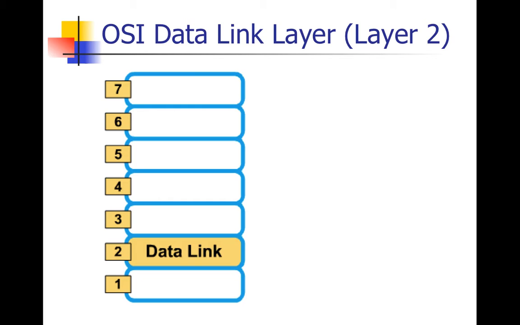Remember that data is not necessarily always going from physical to data link. You could be sending or receiving information, so it could also be getting data from the next layer, layer 3, which is the network layer, which we'll talk about next. So it needs to be able to communicate with layers 3 and 1.